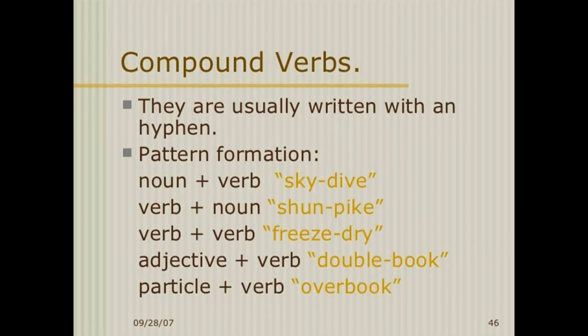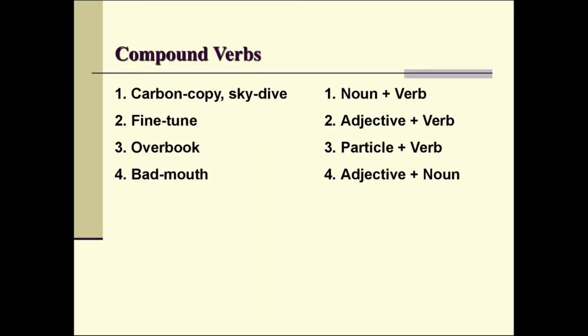All this you can use in the form of compound verbs. Here again: carbon copy, sky drive, fine tune, overbook, bad mouth. Carbon copy is noun plus verb, fine tune is adjective plus verb, overbook is participle plus verb, and bad mouth is adjective plus noun.